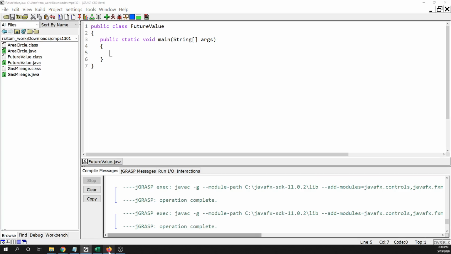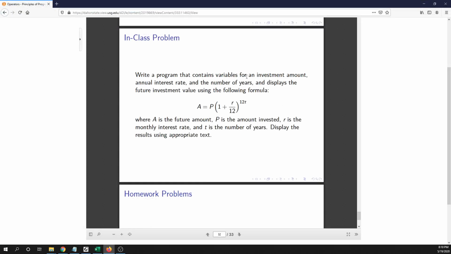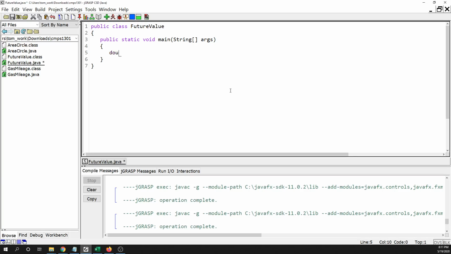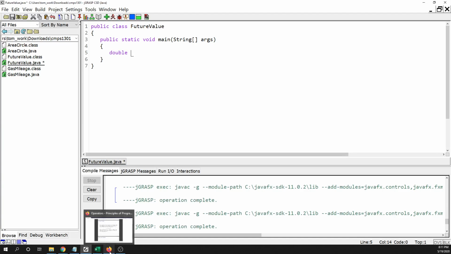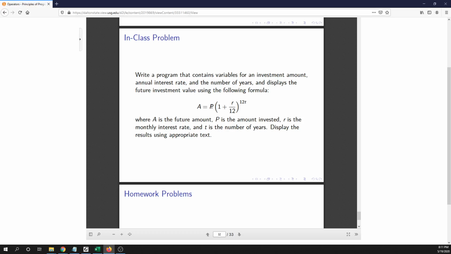All right, looks okay. So going through it says that contains variables for an investment amount, annual interest rate, and the number of years. Okay, so amount, rate, and years. In this formula, the amount you invest is P, right?